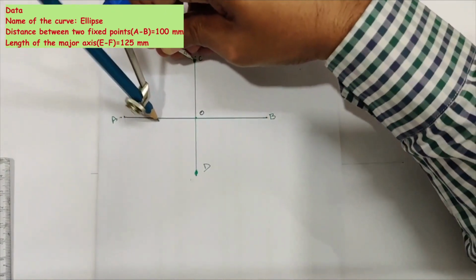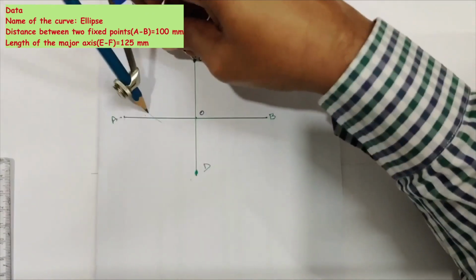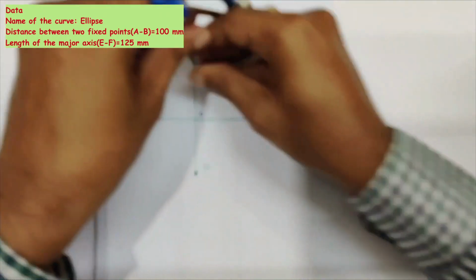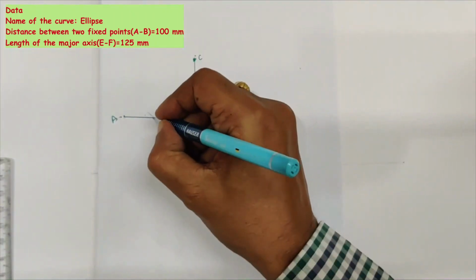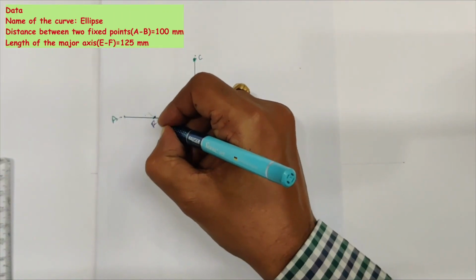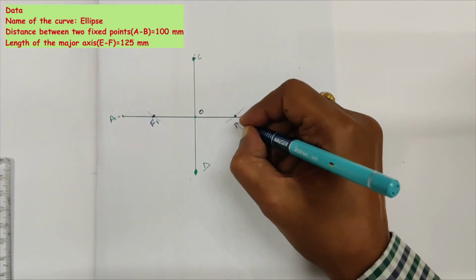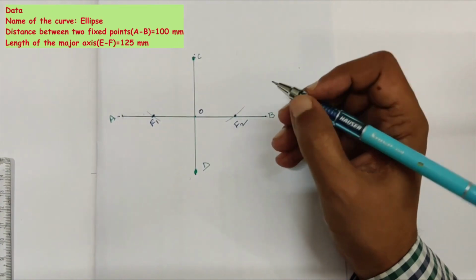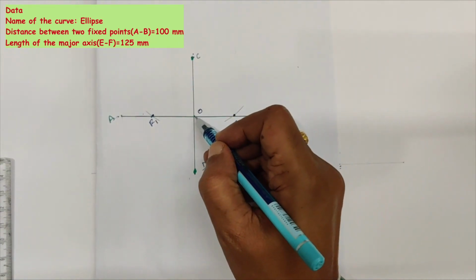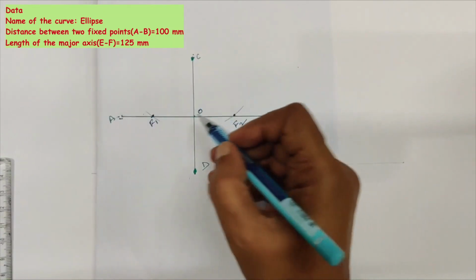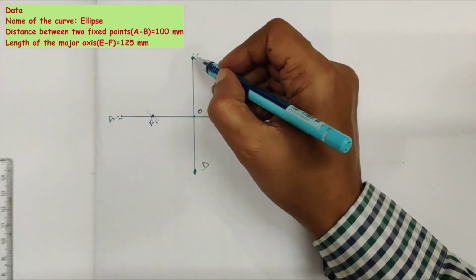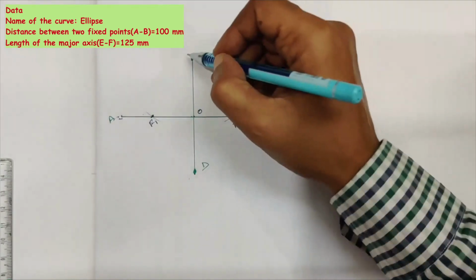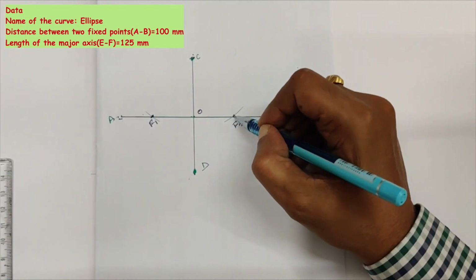Draw an arc on the major axis, left side of O as well as right side of O, and name these points as F1, F2. Here the distance OA as well as OB is equal to half of the major axis, which is equal to the CF1 distance as well as the CF2 distance.